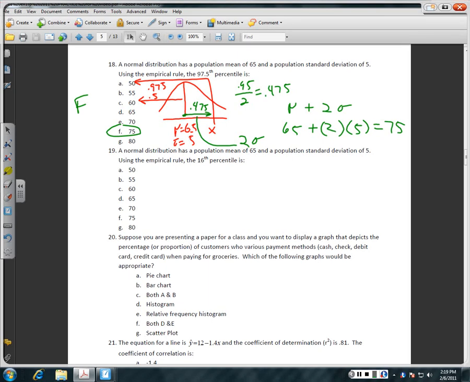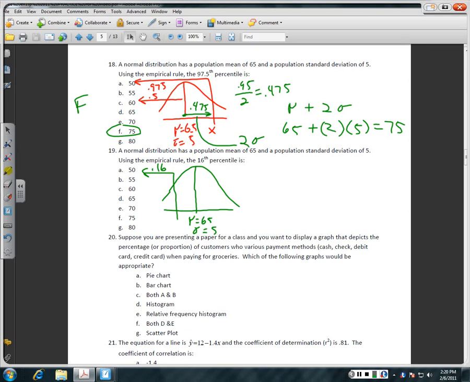All right, the next one asks for the 16th percentile. So we're looking for a value such that 0.16 or 16% are below this point.